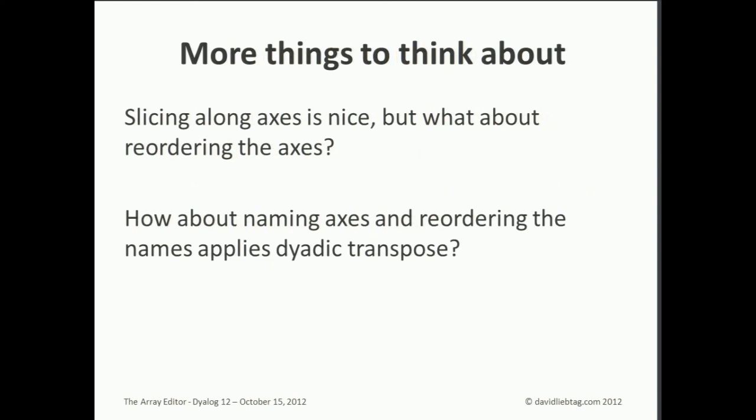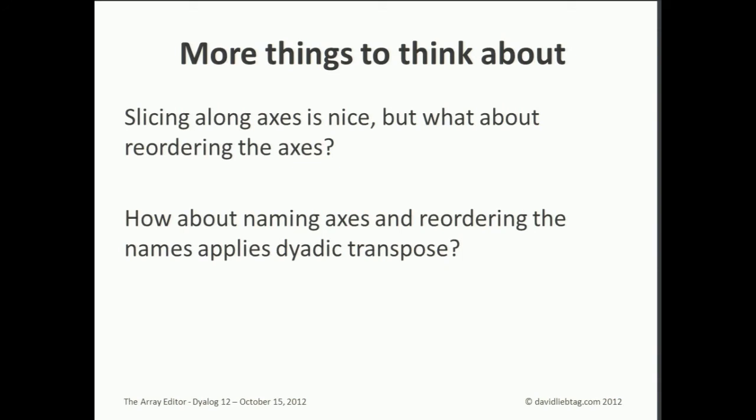The other thing is a little bit easier. I'm pretty sure I want to do this. This thing basically lets you twist things and rotate things. But I want some way to do a dyadic transpose. I read Stephen's paper about dyadic transpose and vector, and I was just turned on. I'd never really understood dyadic transpose until I read that paper. And now I think I know what I'm doing.